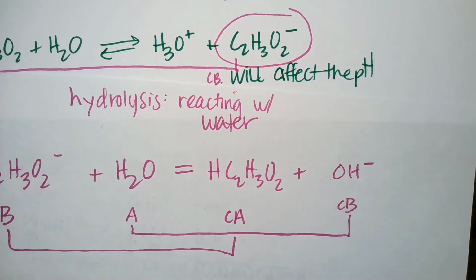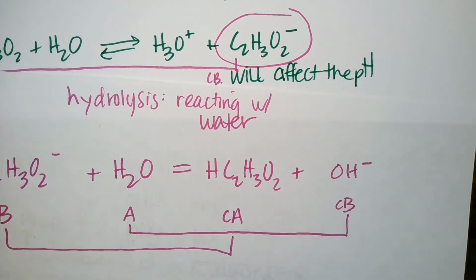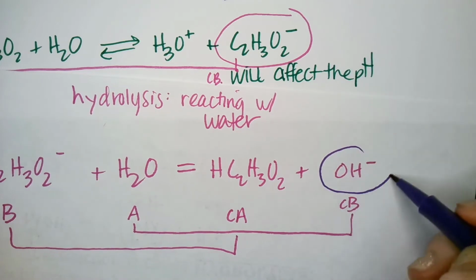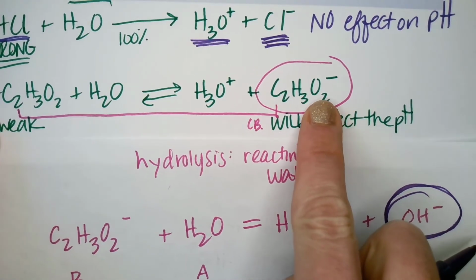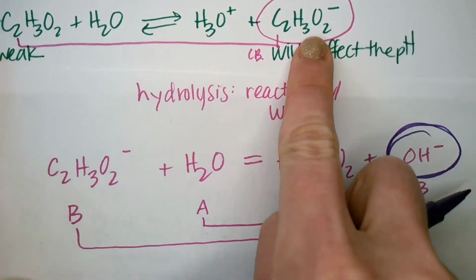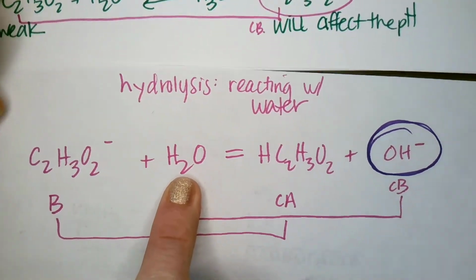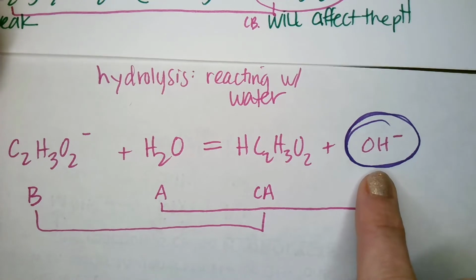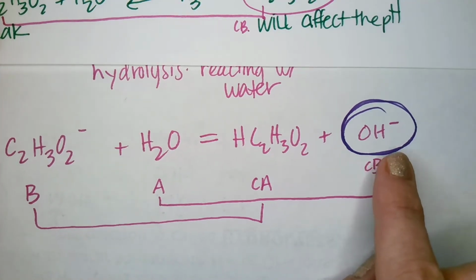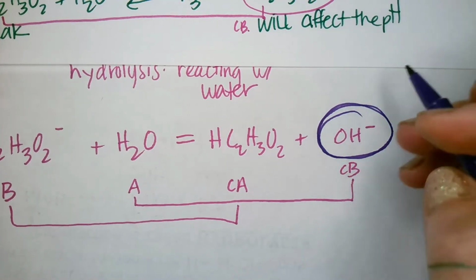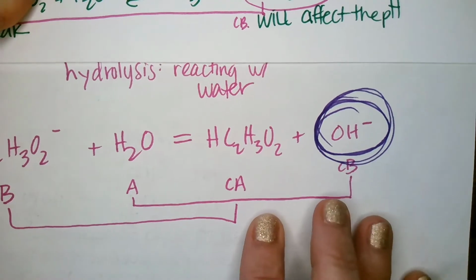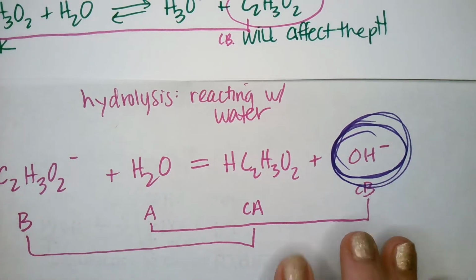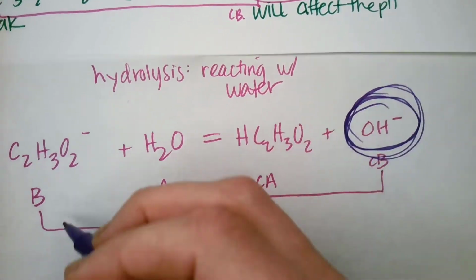This donated the proton, so we now have OH minus. This is the conjugate base. So this product of our X minus from our acetic acid reacting with water is in equilibrium, and it is creating that hydroxide. This is what is making our solution more basic. It will affect the pH.